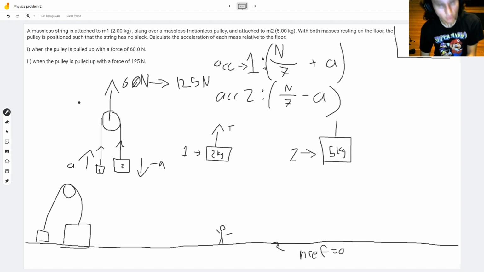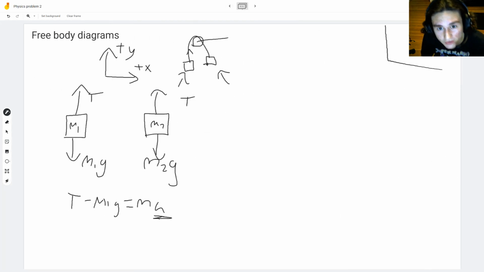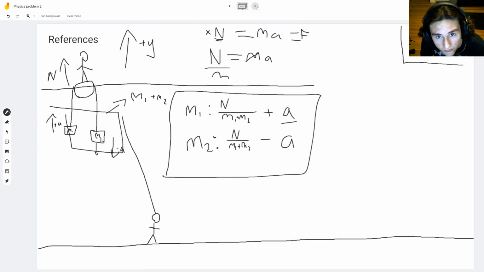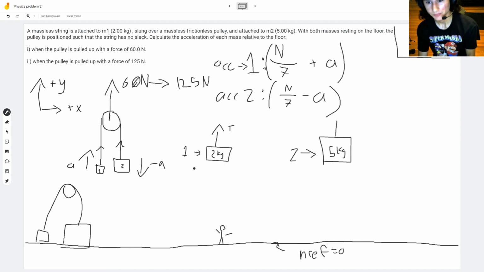Very important thing, again, like I said back here, we need to add a reference for which directions are which. So I've decided that I'm going to make upwards positive y. We aren't moving side to side, so it doesn't matter where our positive x is, but just saying that. So now we know tension is going upwards.